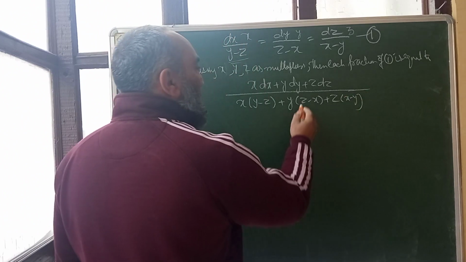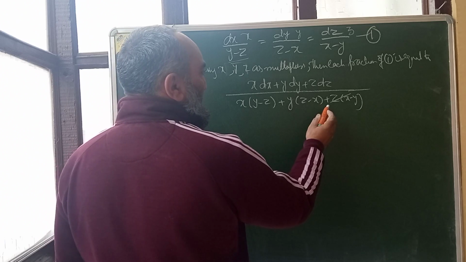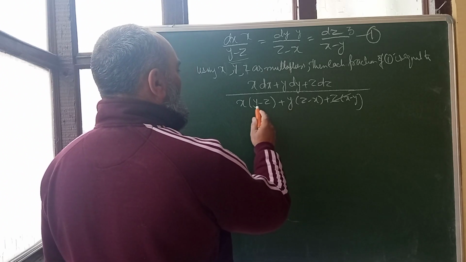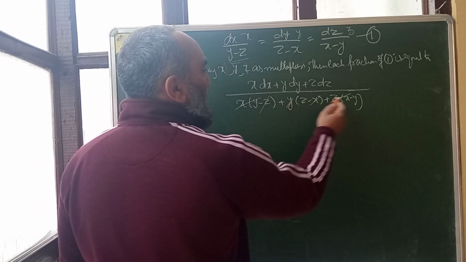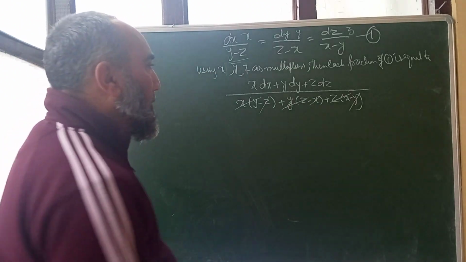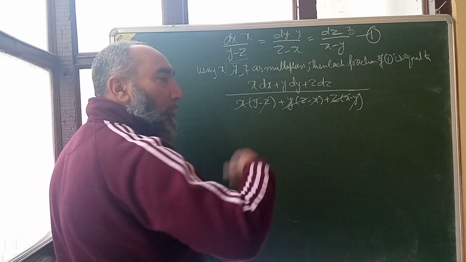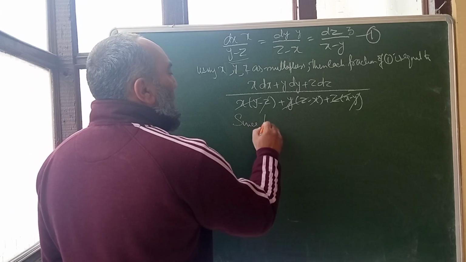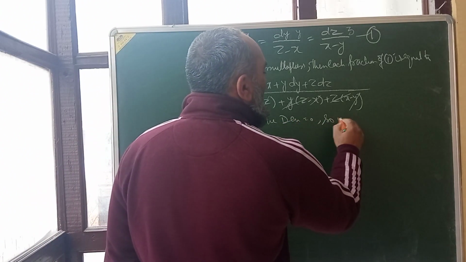What is that? This is zx, zx, xy, xy, yz, yz. Okay, denominator is 0. Since denominator is 0, so is the numerator. I will write here, but in next question I will not write.